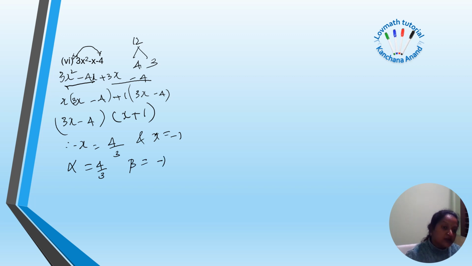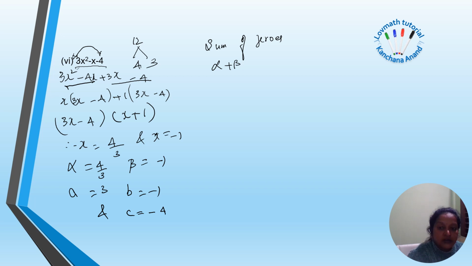By comparing this equation to the standard form of the quadratic equation, we get a is equal to 3, b is equal to minus 1 and c is equal to minus 4. Now let us verify the relationship between the zeros and the coefficients. That means the sum of zeros, alpha plus beta, is equal to minus b by a.